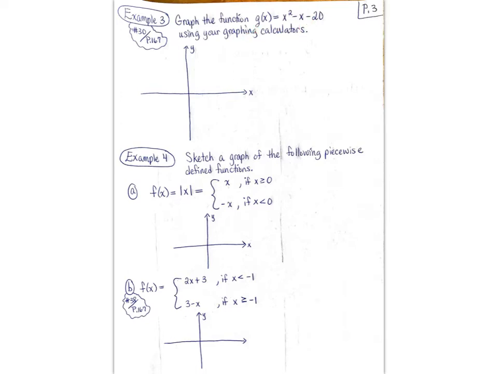You should get a function that looks like a stretched parabola, and the x-intercepts are negative 4, 0, and 5, 0. The y-intercept is 0, negative 20.